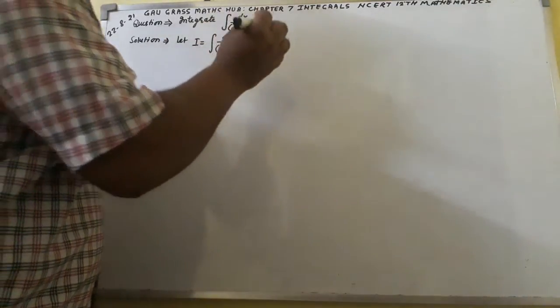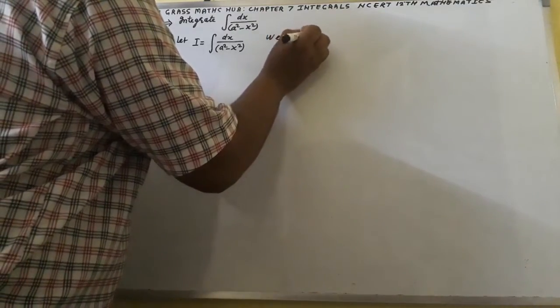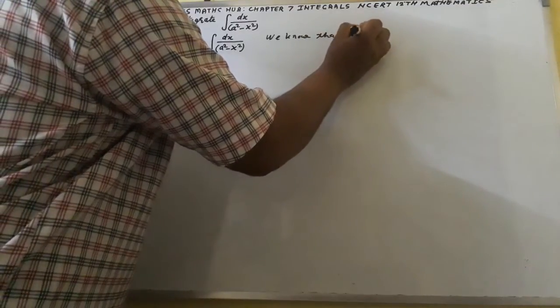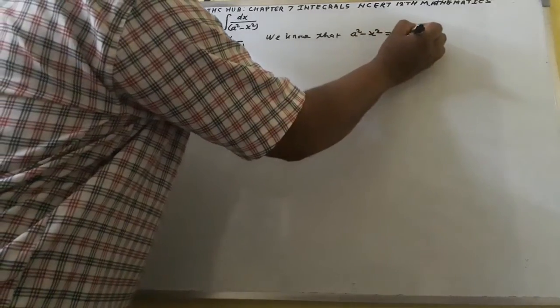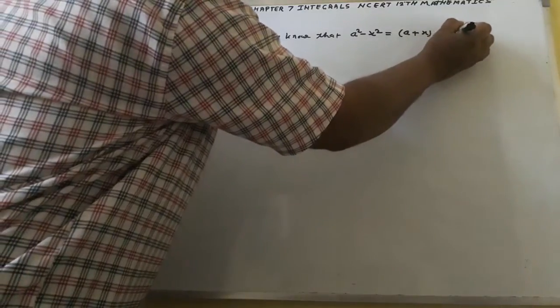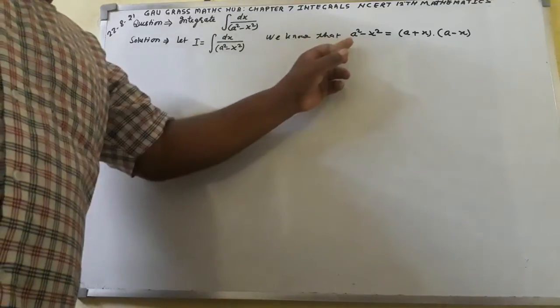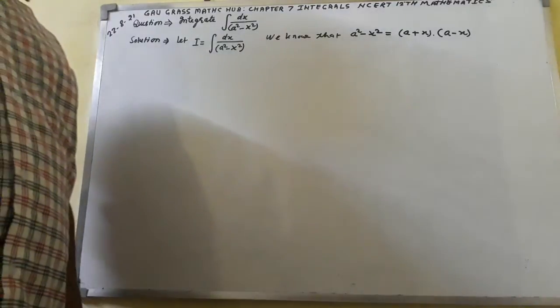We know that a square minus b square equals a plus b dot a minus b.